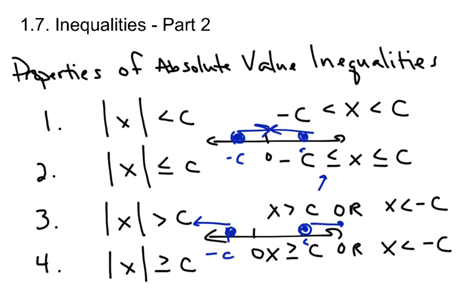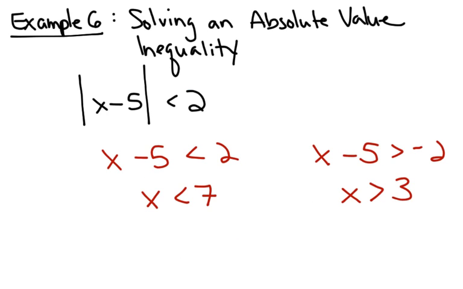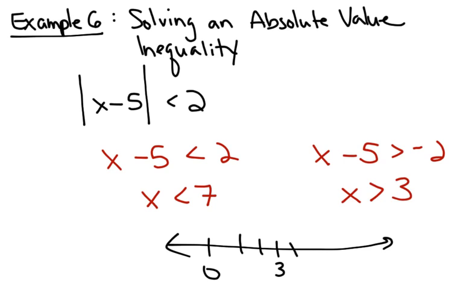Well, if you have these memorized, you'll know which one it is. But let's say you don't have them memorized, so you're not sure which one it is. You'll figure it out pretty quickly by graphing it. One of the graphs is x is less than 7, and the other one is going to be x is greater than 3.